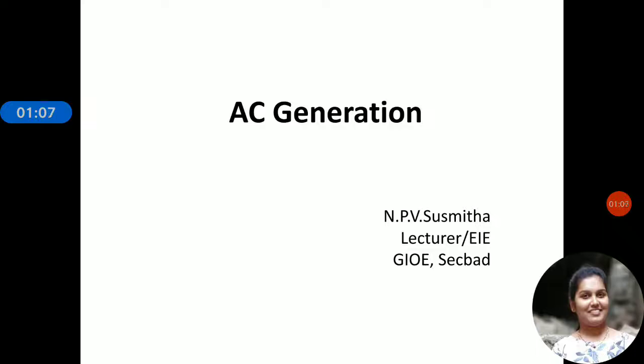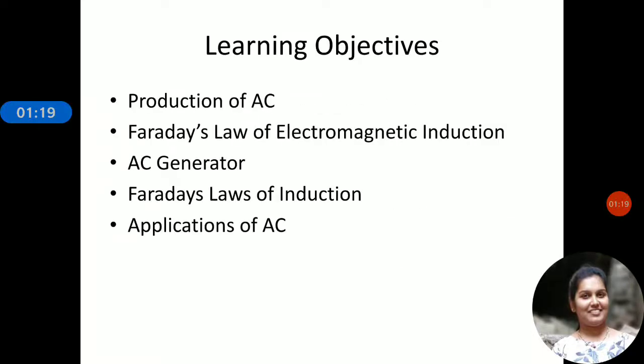to produce AC, how AC is produced, and on what fundamental law this AC generation is based. So coming to the learning objectives, in this presentation the learning objectives are the production of AC.